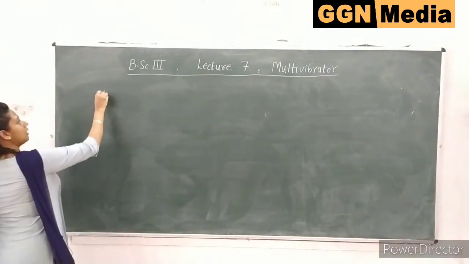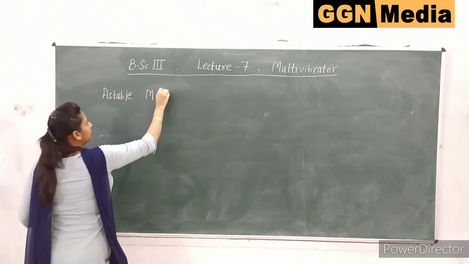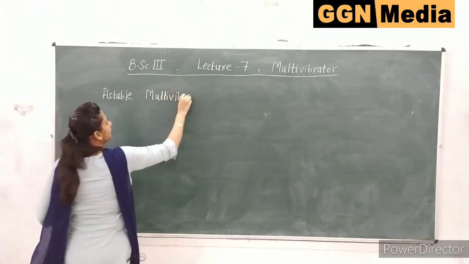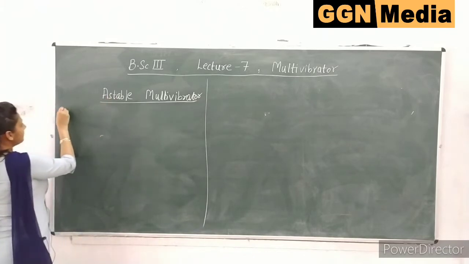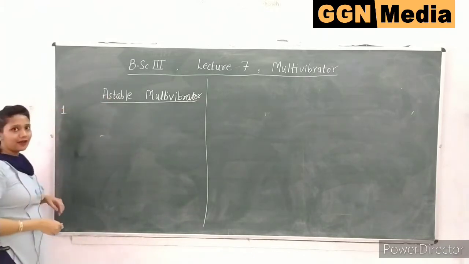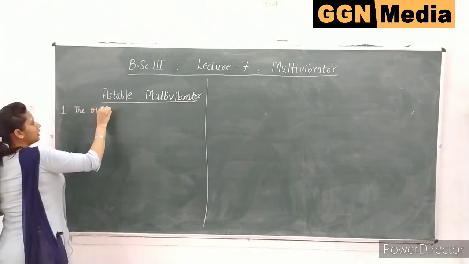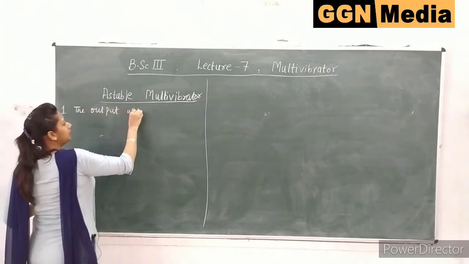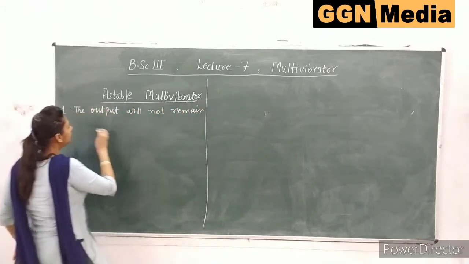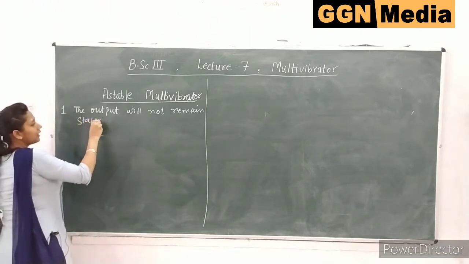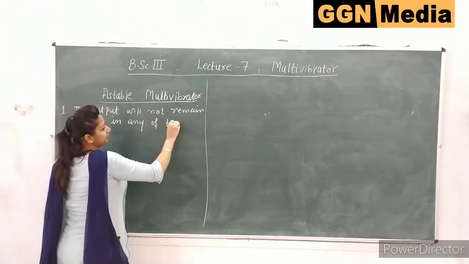So write down astable multivibrator. As we have discussed, astable means, first point you can write, the output will not remain stable in any of the two states.